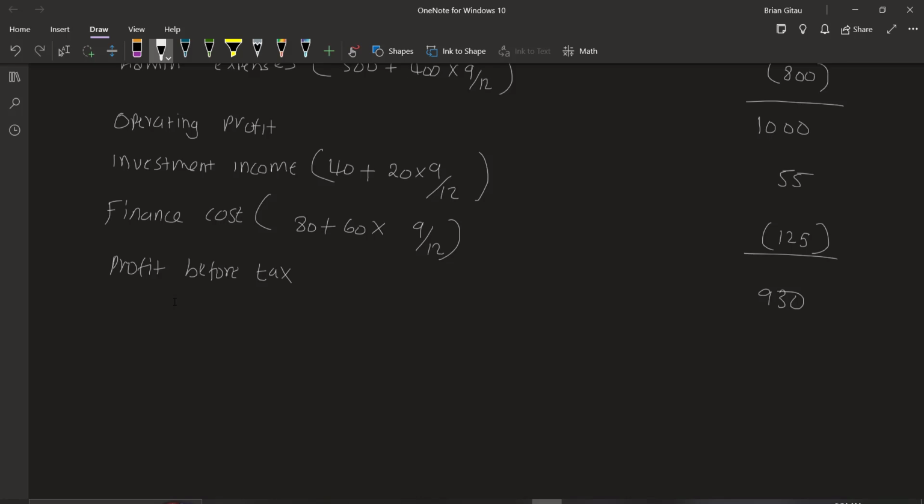Then we less tax. Tax we will take, let's go back to our income statement, and you'll realize that the income tax expense, we will take 180 plus 160 times 9/12, and this is giving me 300.